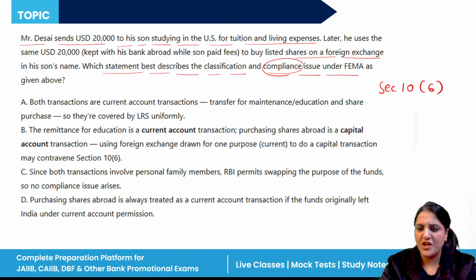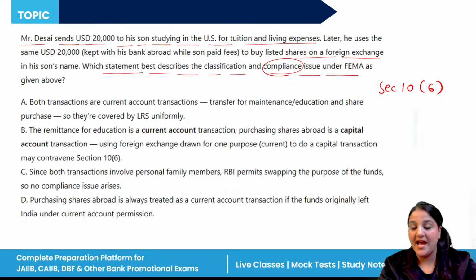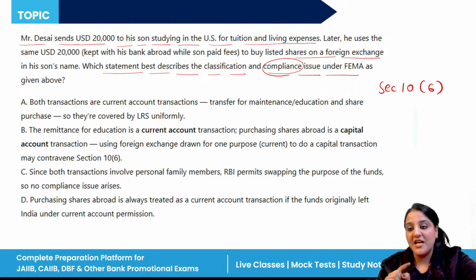If foreign exchange was acquired from an authorized dealer for a specific purpose and not used for that purpose, it can be treated as contravention. So here Mr. Desai used money remitted for a current account purpose to buy a capital asset. This is precisely the kind of misuse under section 10 subsection 6.